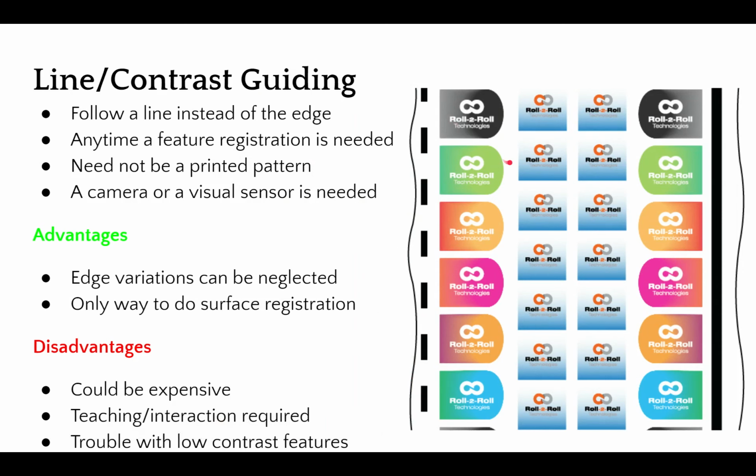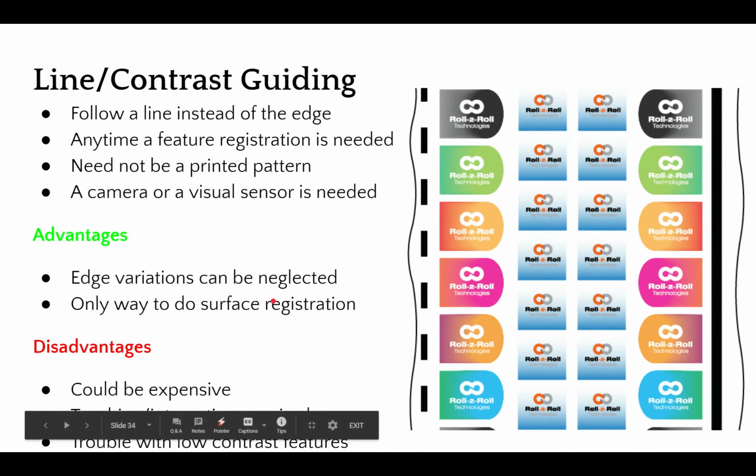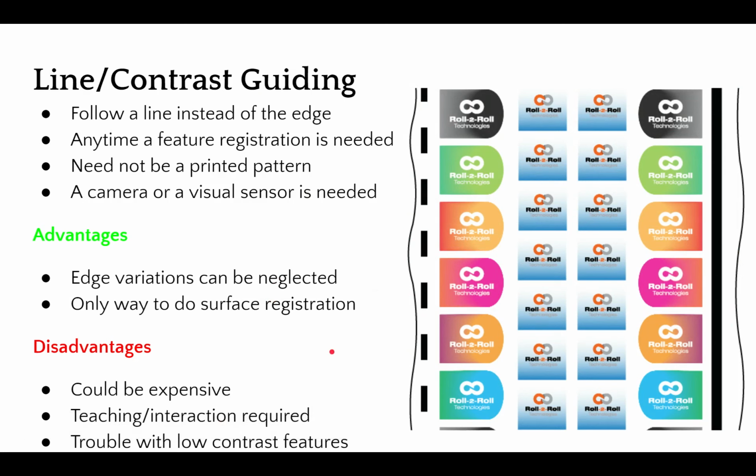And this is the only way to do registration based on surface features. So if all you care about is making sure that in the subsequent process, that process aligns itself to a pattern on the web rather than the edge of the web, this is the only way to do it. It could be expensive depending upon what you want to do, and it does require teaching or interactions.